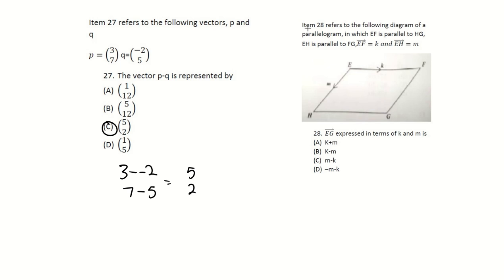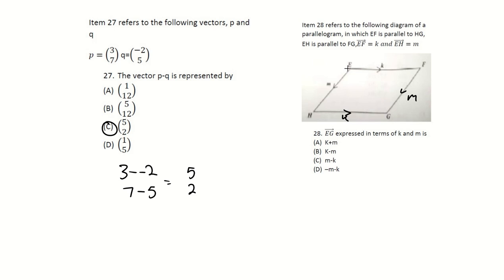Item 28 refers to the following diagram of a parallelogram, in which EH is parallel to FG. We know that EF is K, so therefore HG would also be K, and EH is M, so FG would also be M. Look at the direction as well, okay?